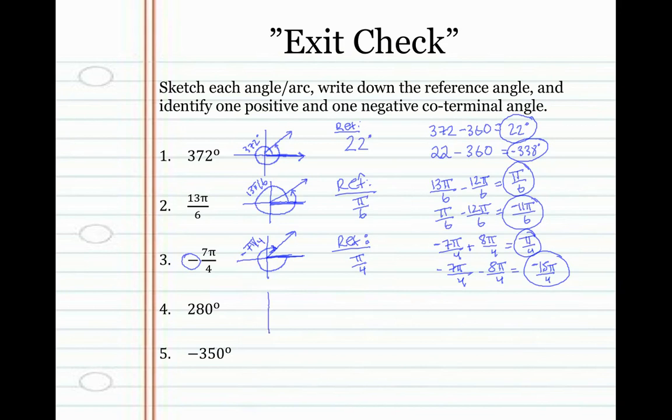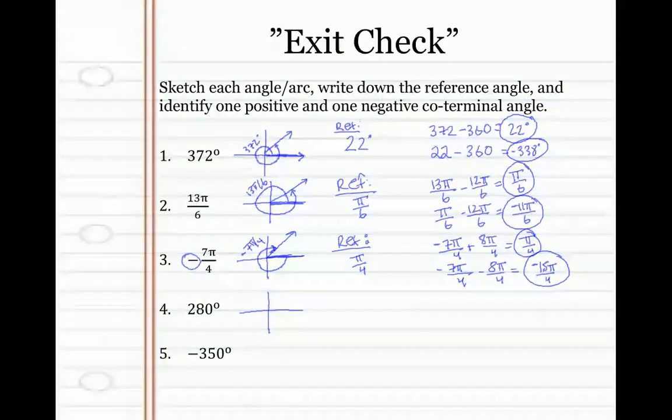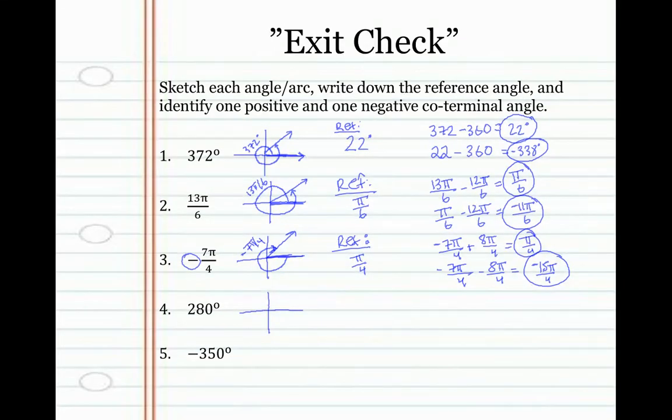Next, 280. That's not quite a full circle, right? It's going to be more than here, because this is 270, a little more, like 10 more than that, right? So that's 280 degrees. What's your reference angle? How much was I away from a full circle, right? What is this right here? I think it's 80 degrees, right? If I add 80 more degrees, I'd be at 360.